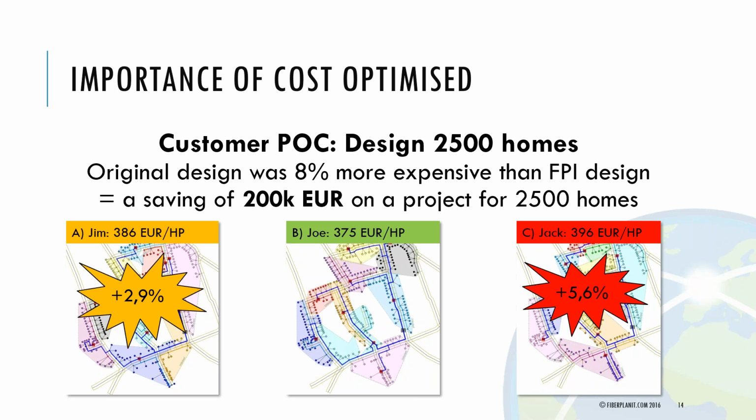For his particular area of 2,500 homes, this already resulted in a savings of 200,000 euros on this project. Because as you know, fiber to the home is quite expensive, definitely an underground solution. So any percent in savings that you can make for the deployment has already a big impact on the costs of your project.